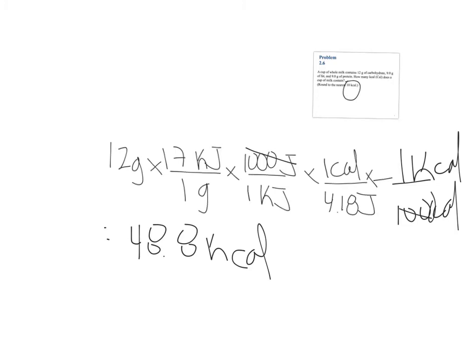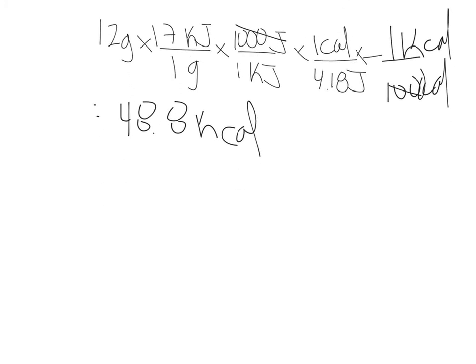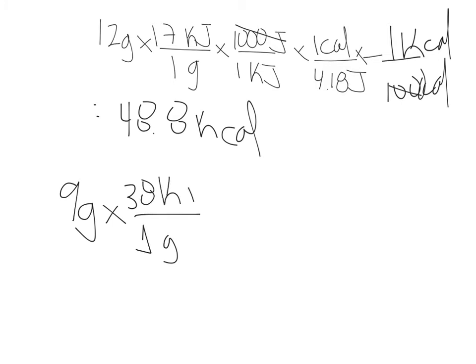Then we do the same for fat and protein. We do 9 grams of fat, and then we use the table. 1 gram of fat, 38 kilojoules. Now, kilojoules to joules.